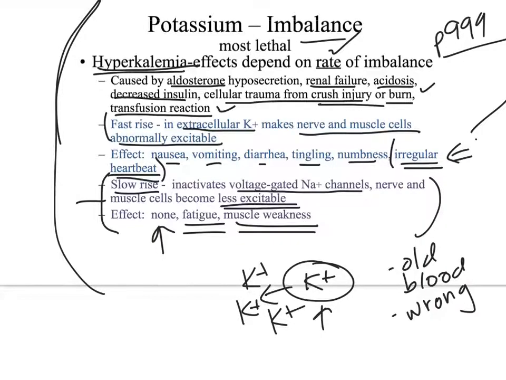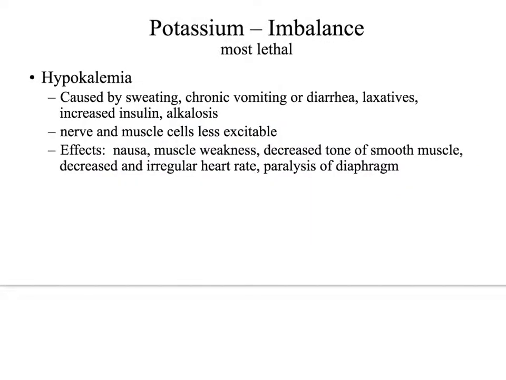I really just want you to pick some big things, and I have some example questions to show you. Now hypokalemia, so we're too low. You could be sweating, vomiting, having diarrhea, using laxatives, so lots of feces, or you have too much insulin, or you're in acidosis.